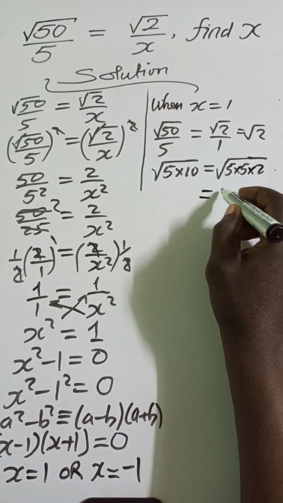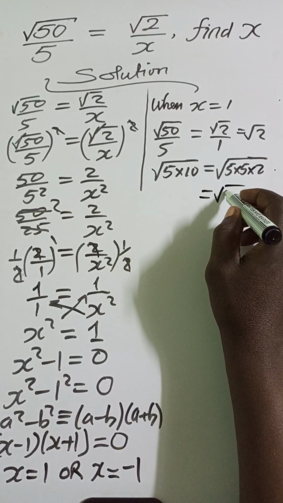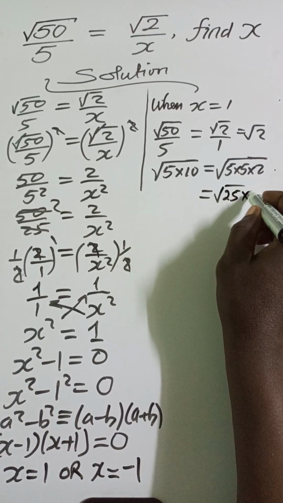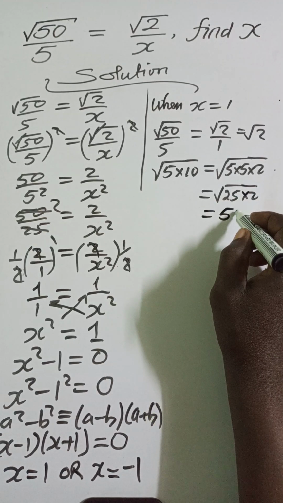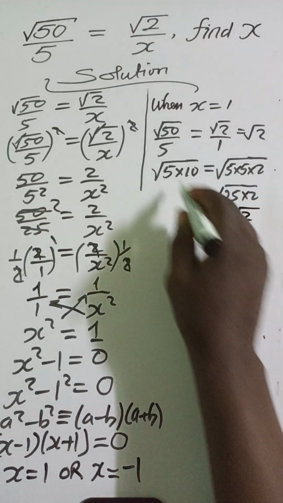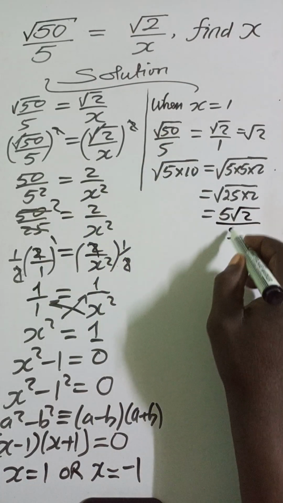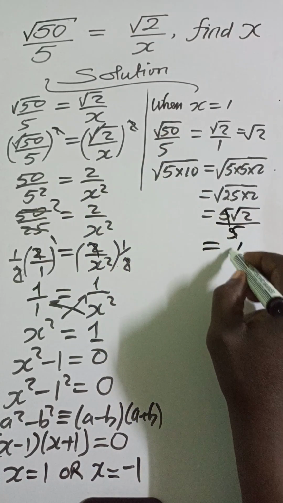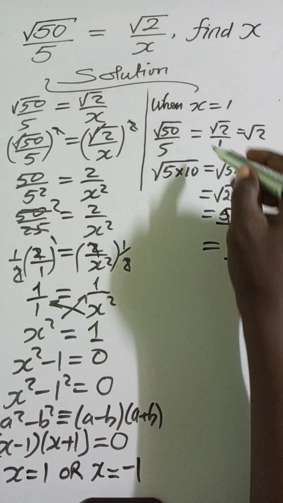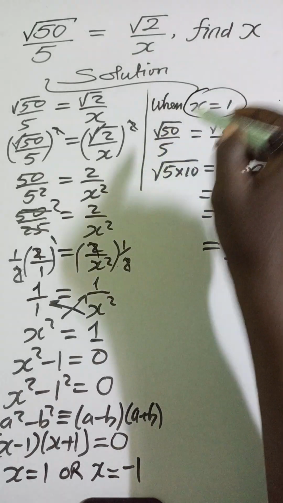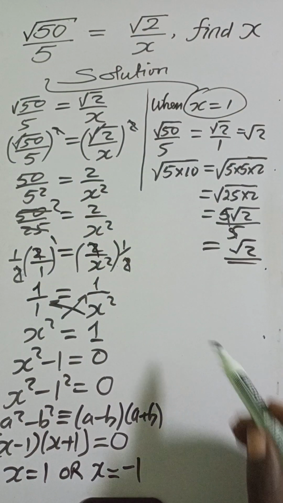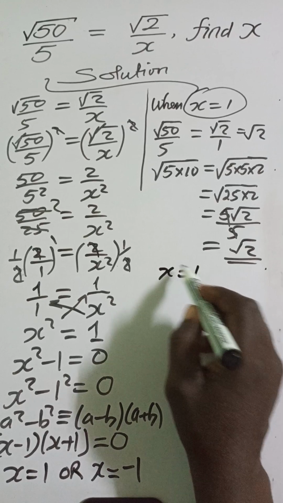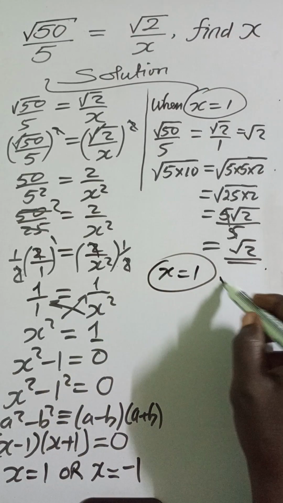This gives us root 25 times 2, and root 25 is simply 5, times root 2. Remember, everything was divided by 5, which gives us root 2. So when x is 1, the left hand side agrees with the right hand side. So x equals 1 is a valid solution.